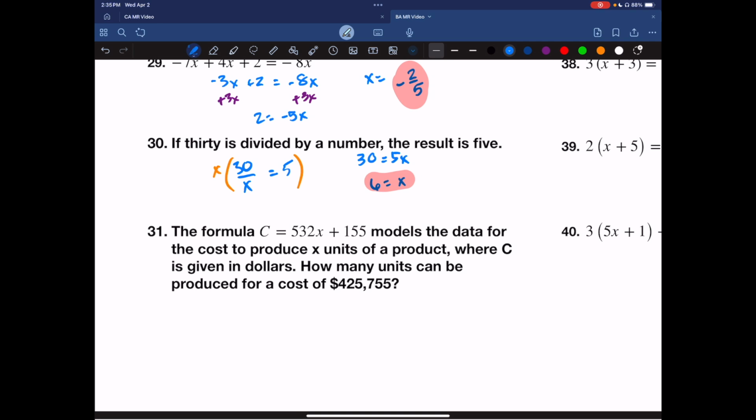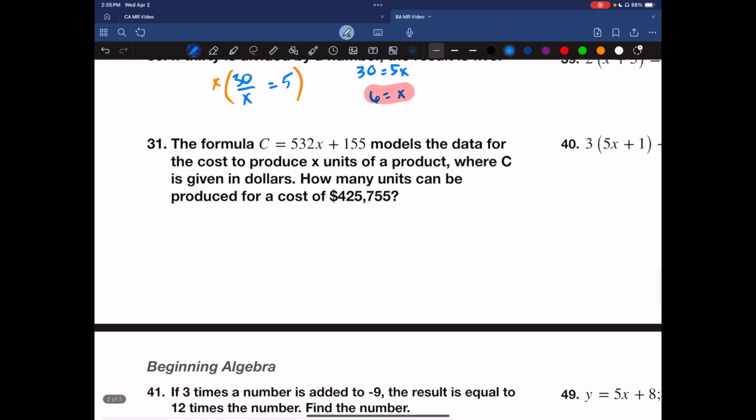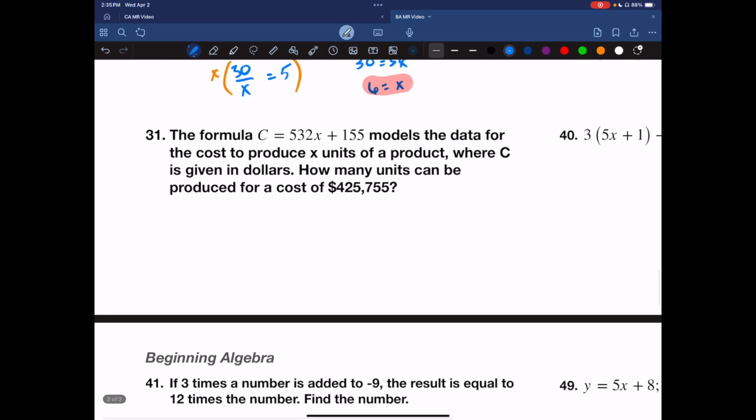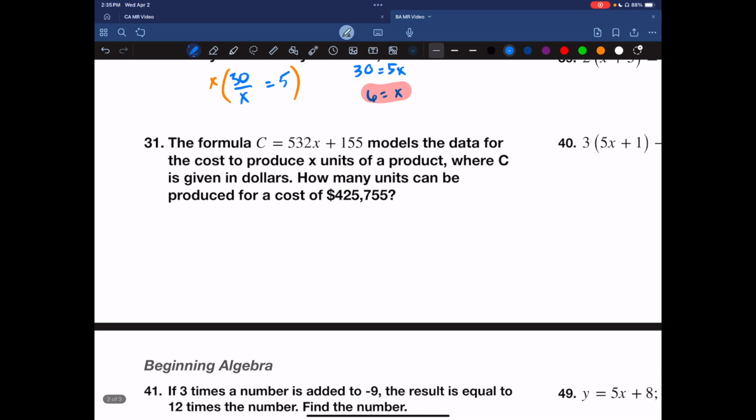31, it says the formula C equals 532x plus 155 models the data for the cost to produce x units of a product, where C is given in dollars. How many units can be produced for a cost of $425,755? Well, it's asking for units, so we're looking for x.